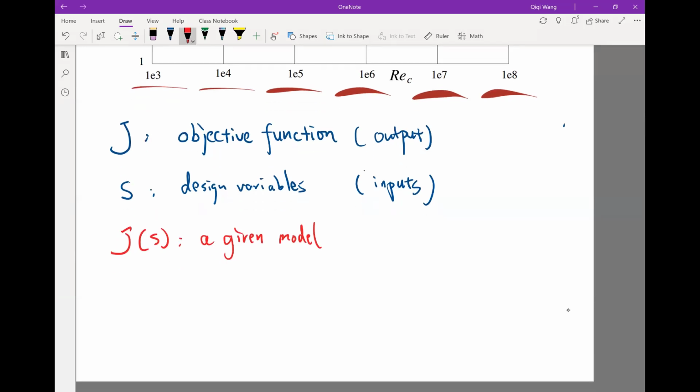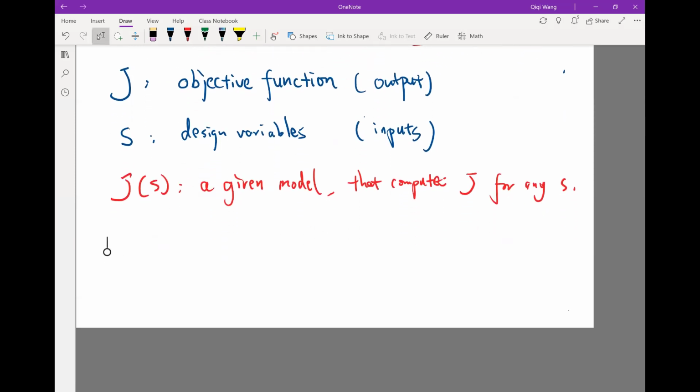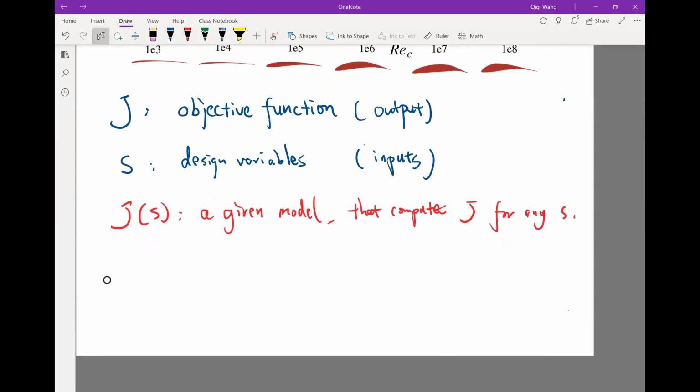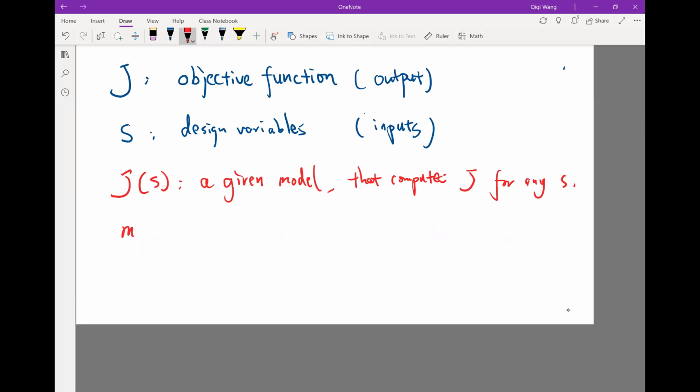But a given model that computes J for any S. The optimization is usually given as a maximization or minimization of J of S over S, the parameter space.